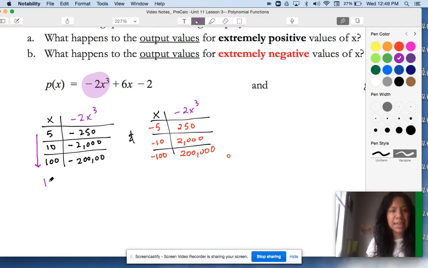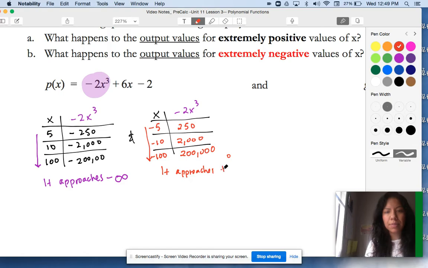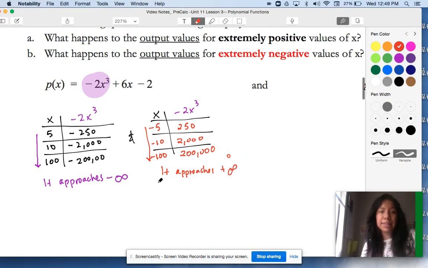We're going to say it approaches negative infinity. And then as the inputs become extremely negative, the outputs end up becoming more positive, so they end up increasing. So we can say it approaches positive infinity. And that's it for that answer.